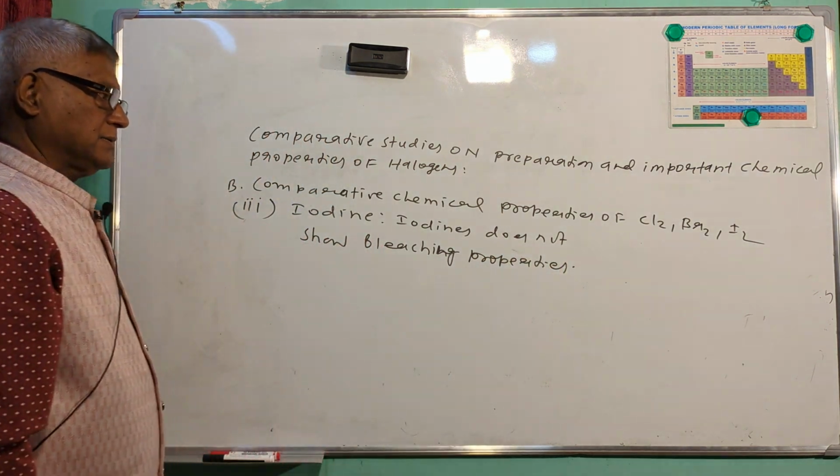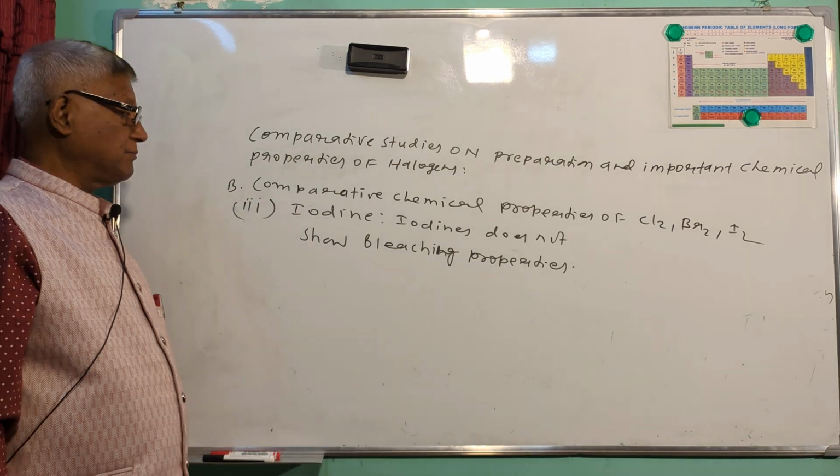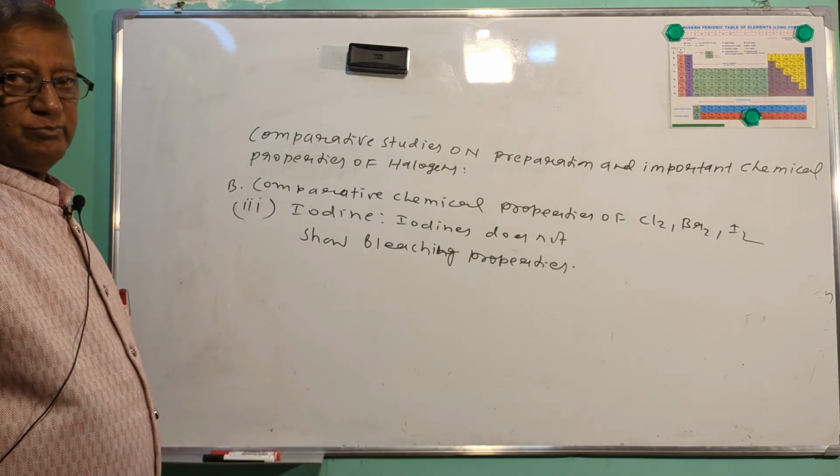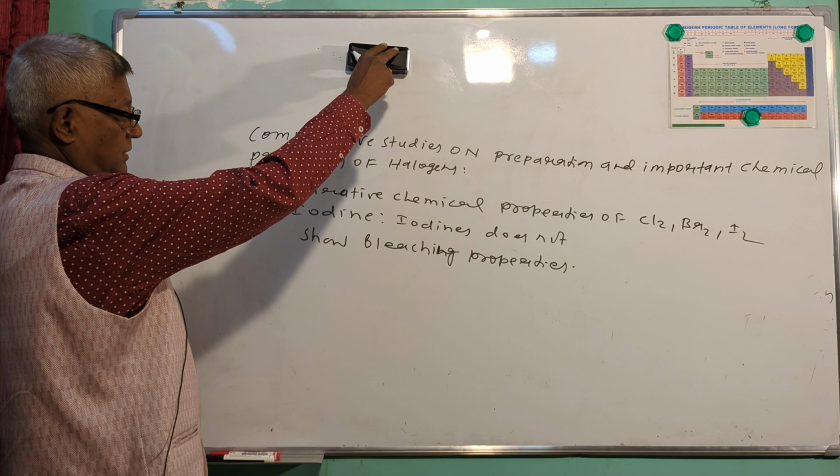So yes, it is clear. Chlorine and bromine give bleaching properties, but iodine does not show bleaching properties.